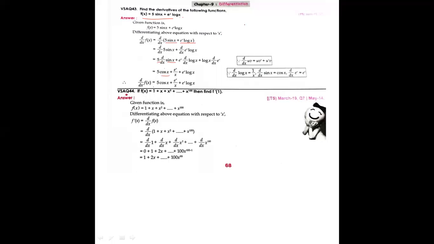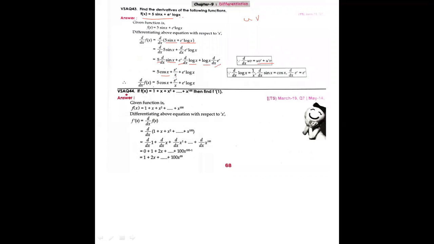Differentiation of e power x log x. So e power x log x is in the form of u v. So what is the formula of u v? u v dash plus v u dash. So e power x, that is u, v dash, that is 1 by x, plus v, that is log x, then u dash, that is differentiation of e power x.